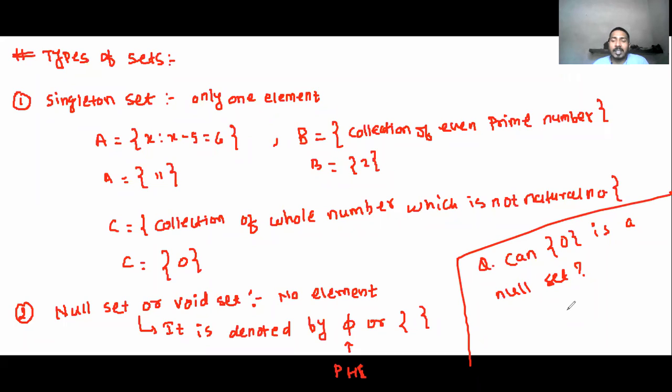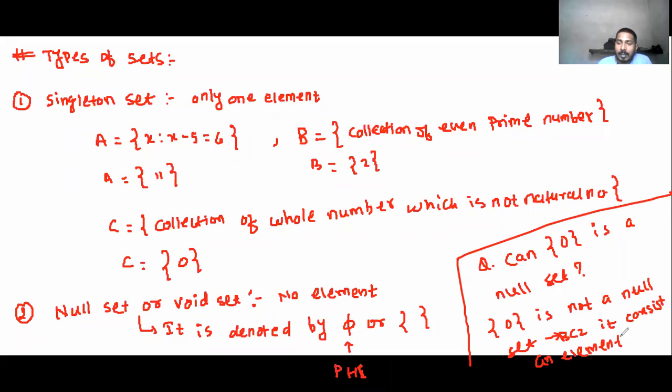Okay. So this is not a null set because it consists of an element which is 0.